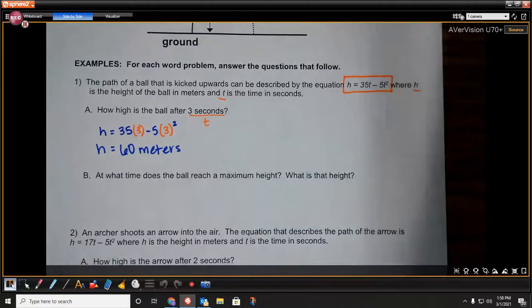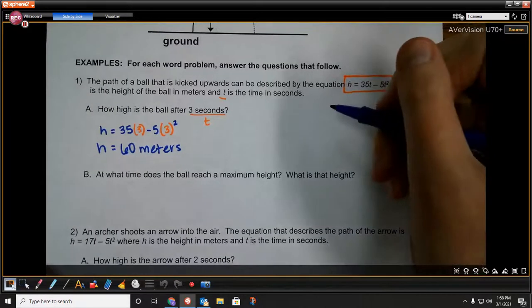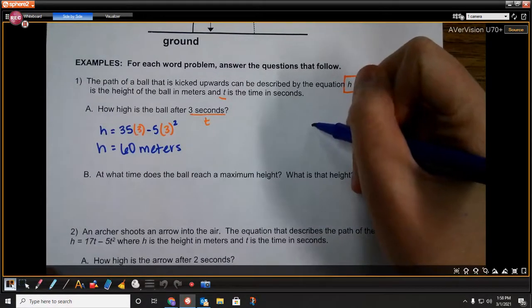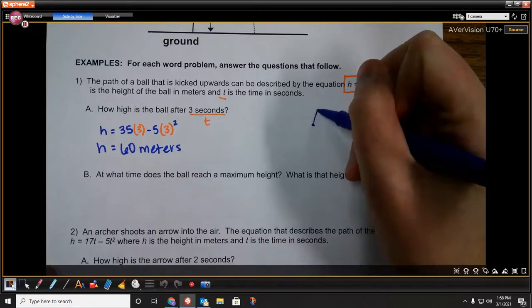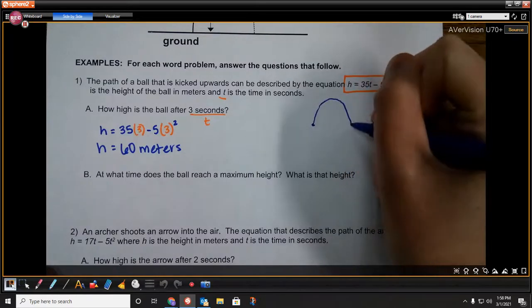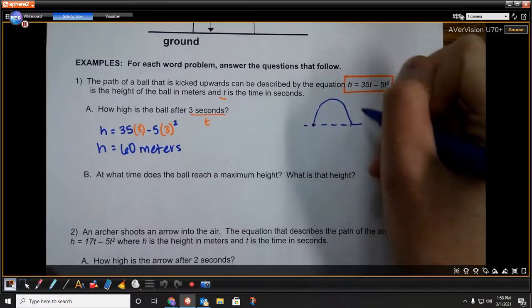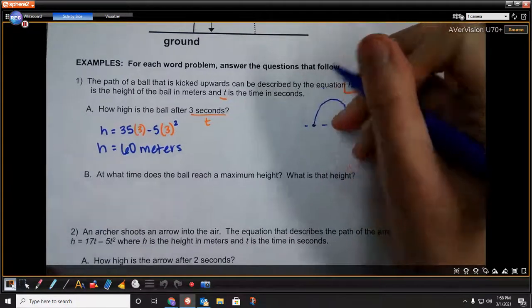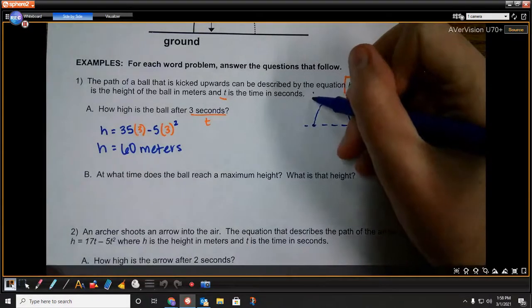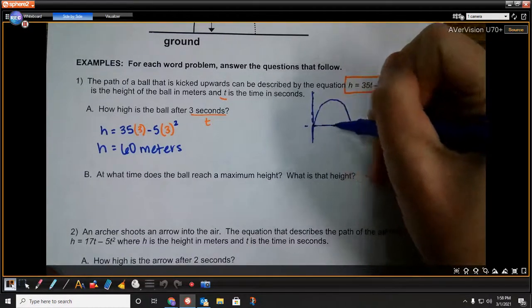And so what's neat about this is this shows that our little football here is going to start in a certain spot, and it's going to go up, up, up, and down. And so after about, let's see here, this is a very rough graph. That's my x and my y.